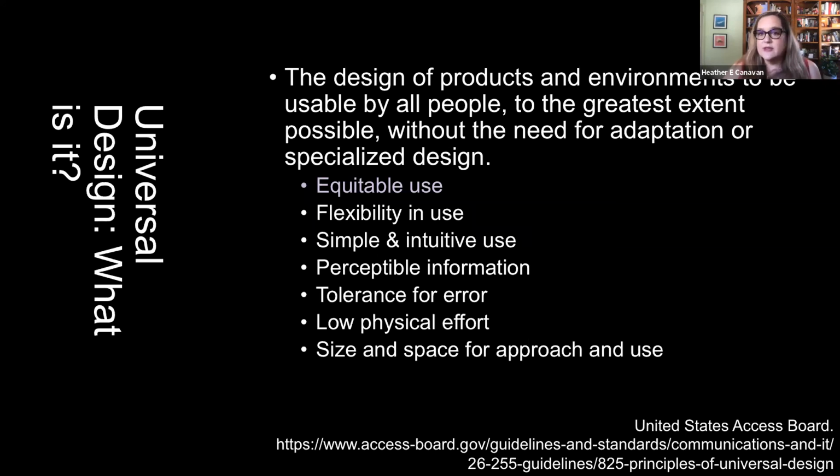There are a lot of different things that go into this. It includes things like equitable use. By that, they mean that if you build a building that has nothing but stairs, you won't be able to have access by wheelchair users. There's also flexibility, making it simple, intuitive, etc.